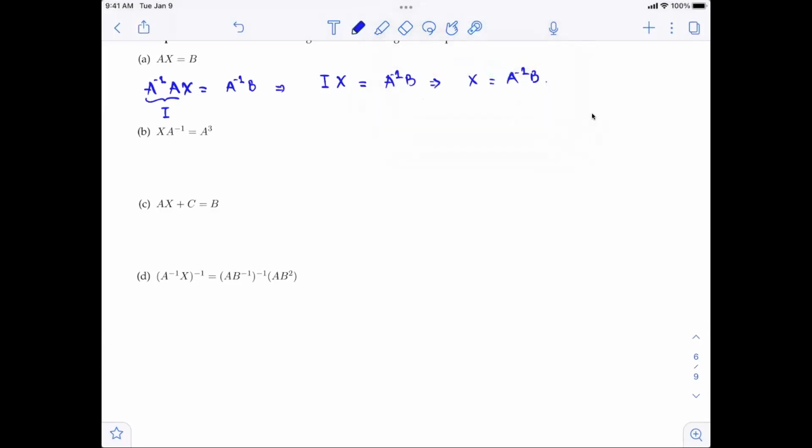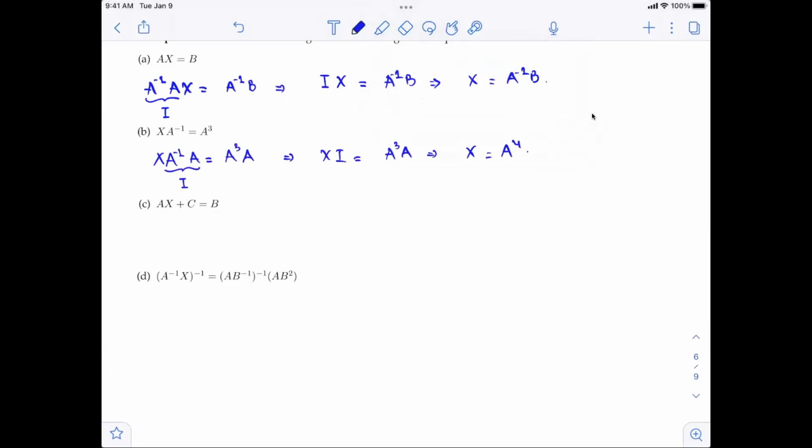So that is X times A inverse times A equal to A cubed times A. And again, this product is equal to the identity matrix. And therefore you have X times I equal to A cubed times A, or X is equal to A to the fourth power.